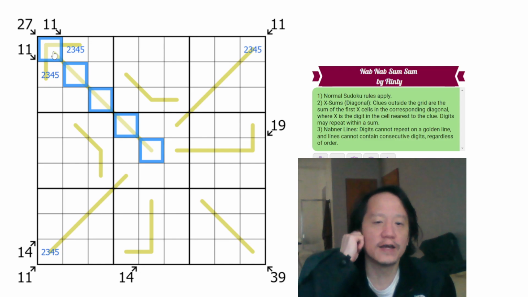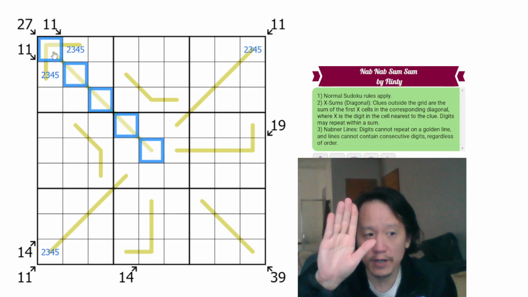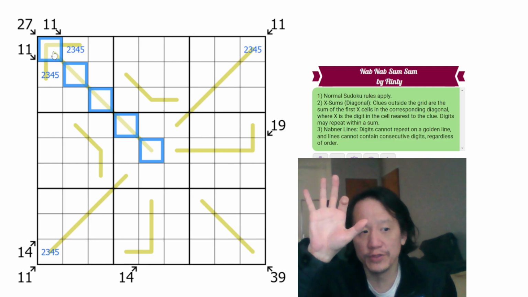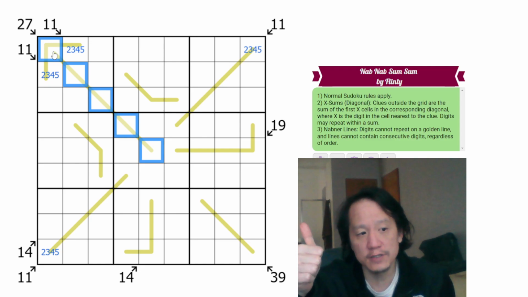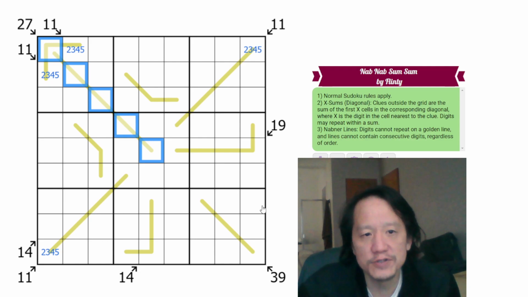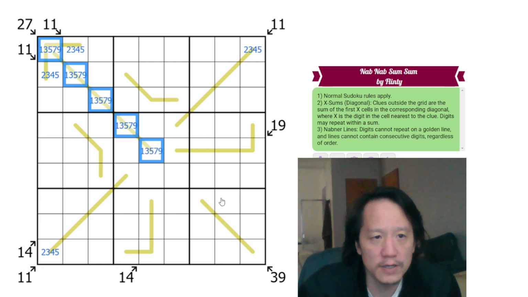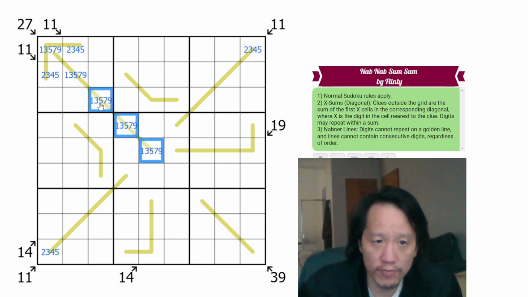The only thing that actually works on a 5-length Nabner line is the odd digits 1, 3, 5, 7, and 9. Because you can't repeat, and you can't be consecutive. If you ever have an even number, that's consecutive with an odd number. So therefore, this has to be 1, 3, 5, 7, 9. So this adds up to 25. Always.